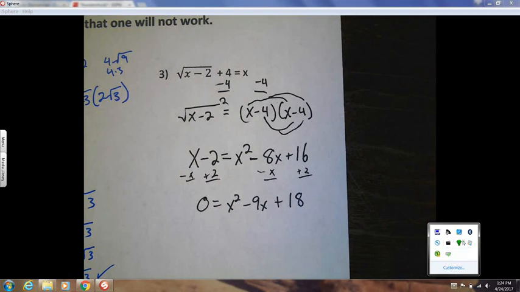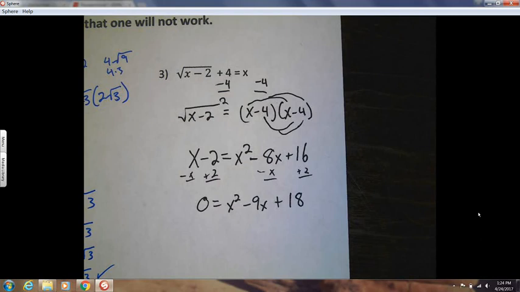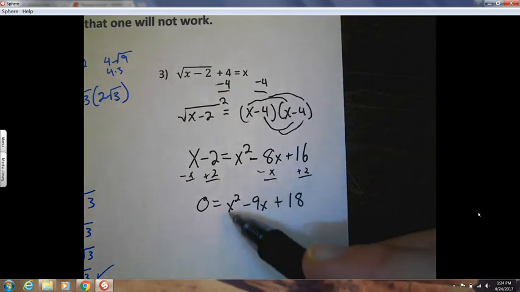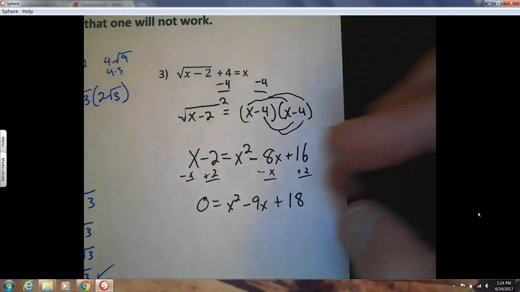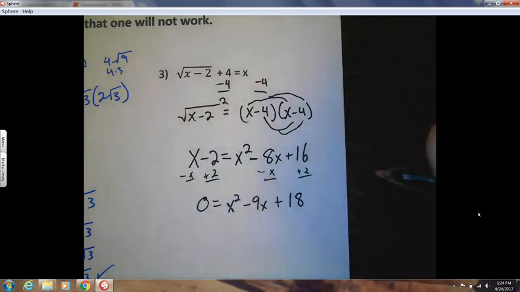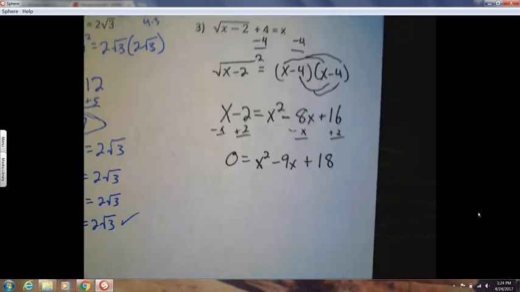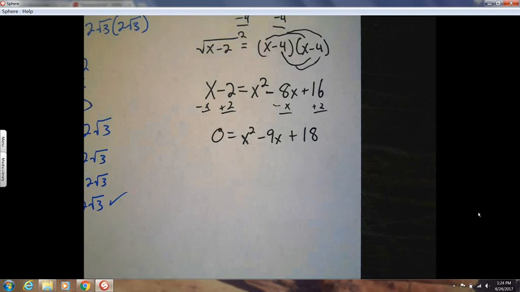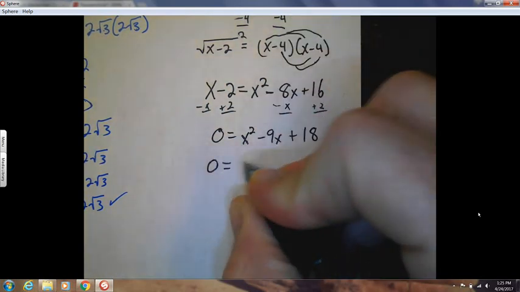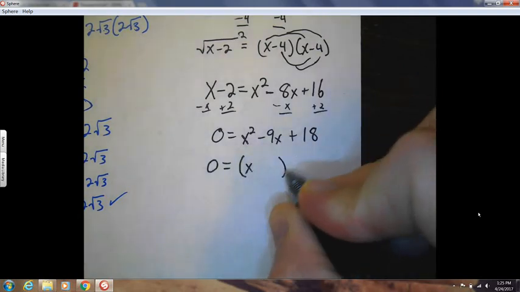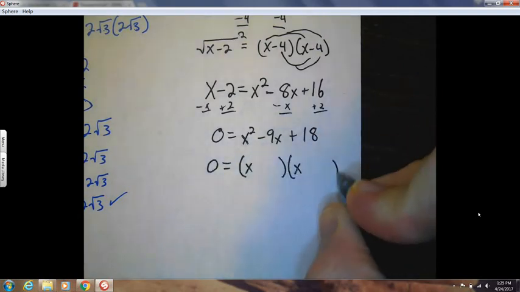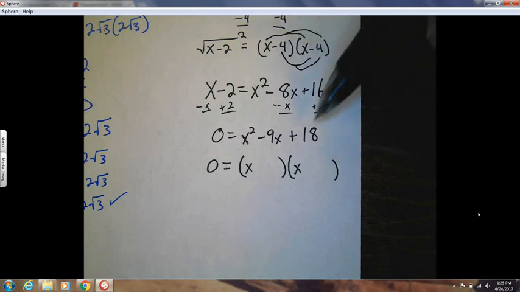That's one way of doing it, if you can factor it, what we've gone over. So it's a trinomial, it's quadratic, a is equal to 1, so I can go straight to my answer. I need things that will multiply to equal 18 but add to equal negative 9, and that's negative 6 and negative 3. Negative 6 plus negative 3 is negative 9. Negative 6 times negative 3 is 18.